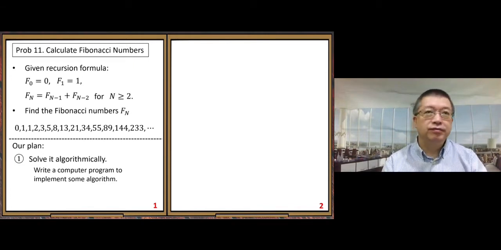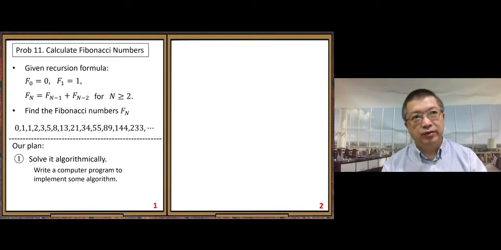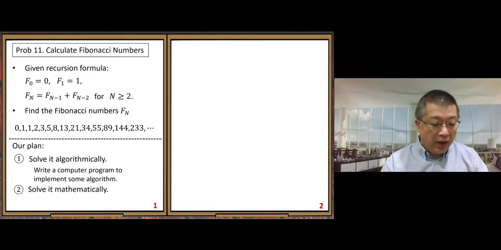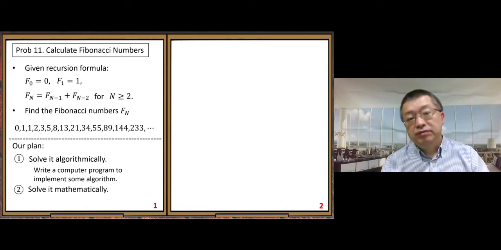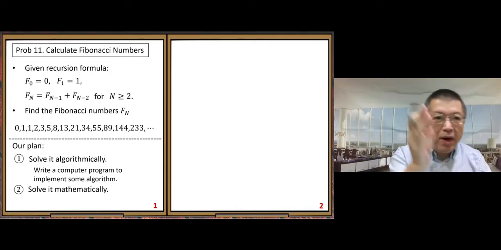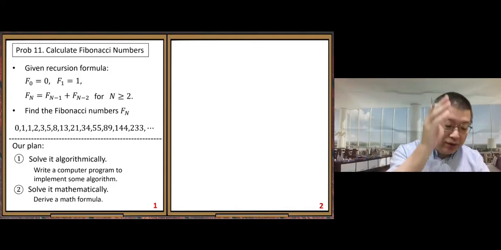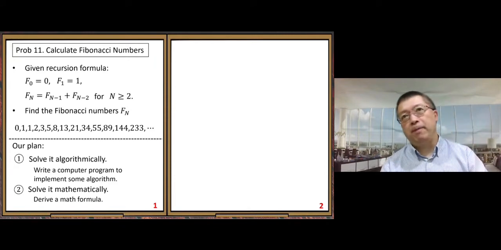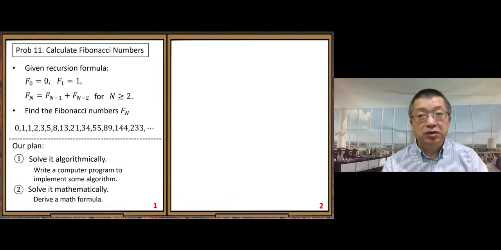We may have several ideas, so we try to implement different ways of calculating the Fibonacci numbers. But another, also very important way, is to solve it mathematically, and we need to derive a math formula. That is not easy. We need to do a lot of work.